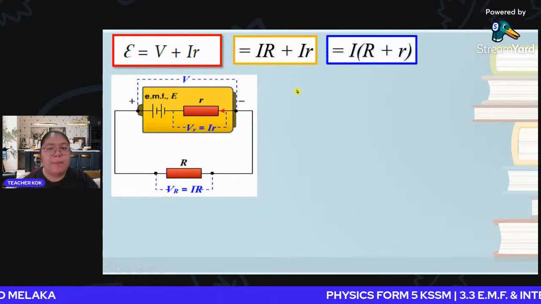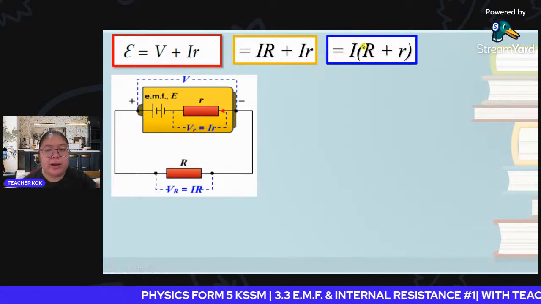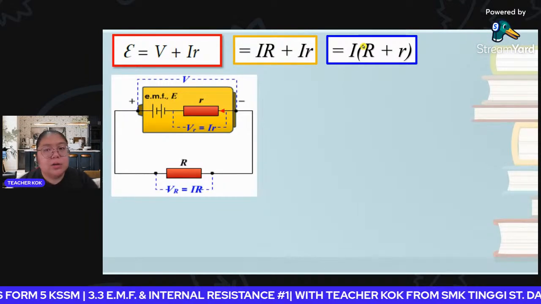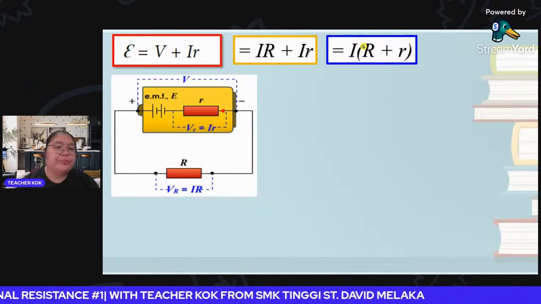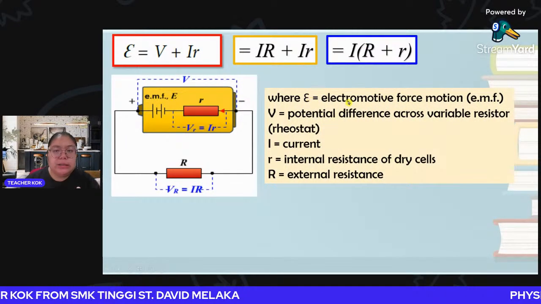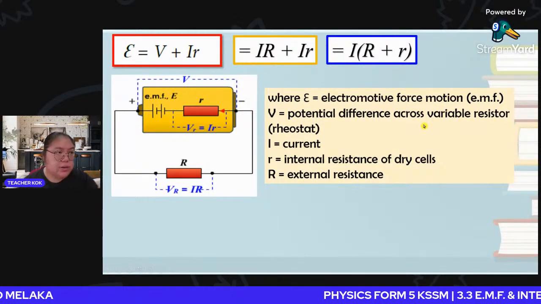Or we can combine. Take out the I, the current should be the same, then bracket capital R plus small r. So this one is another formula for the EMF. From here the explanation: E stands for the EMF, V is the potential difference across the variable resistor.